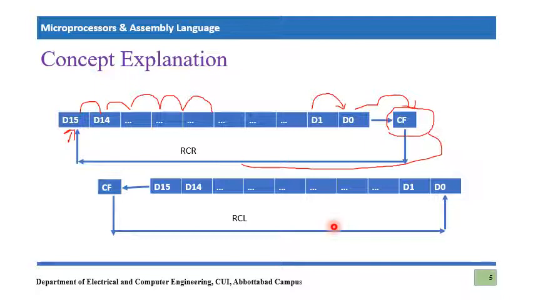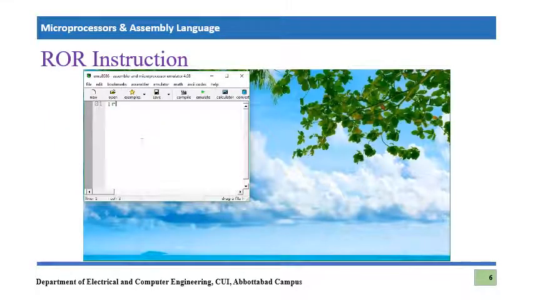Let's consider their emulator examples. Okay, we are going to learn about the rotate right instruction. So let's see what is going to happen. First of all, we need to have some value in a certain register. Let's say we move a value, mov dx, 4568 hex.